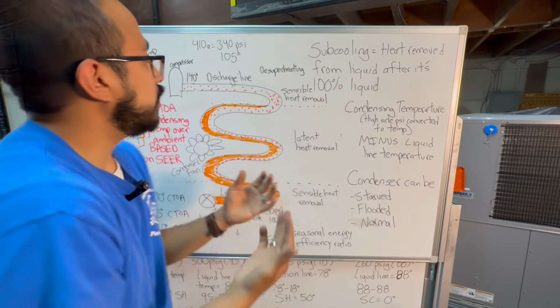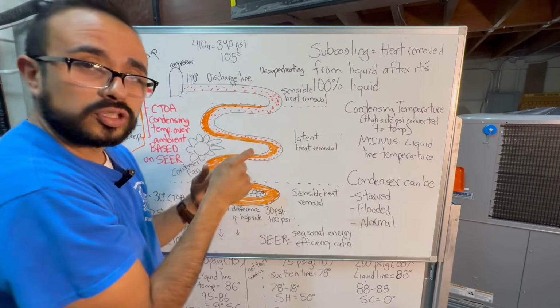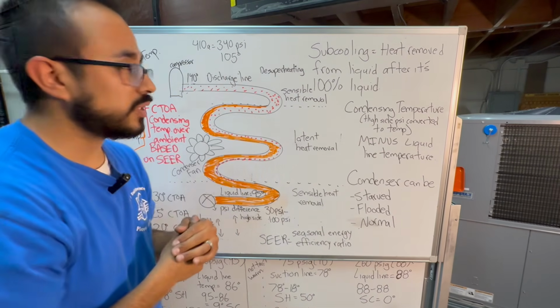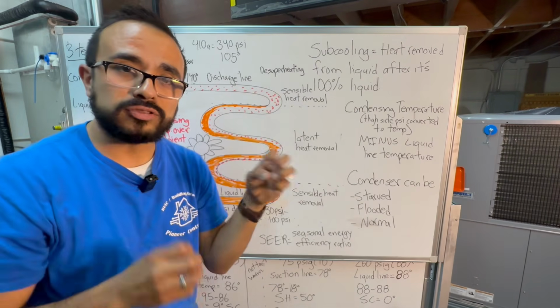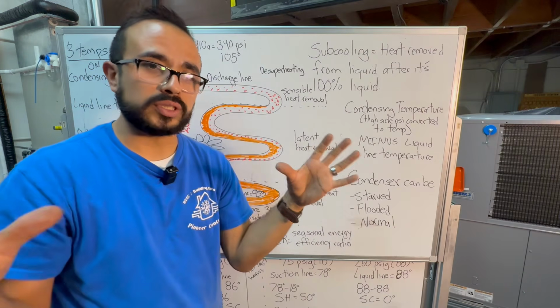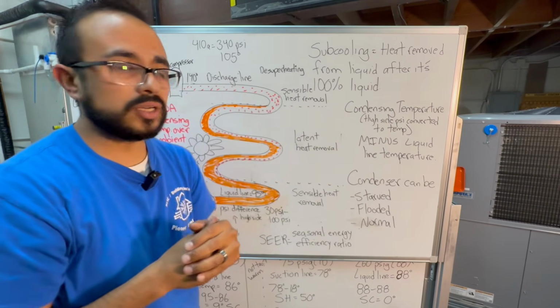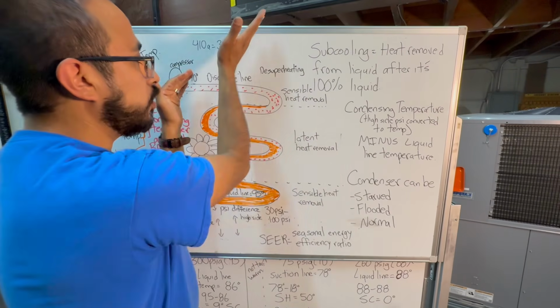Well, we know that once we connect our high side pressure, 340 psi for 410A, it's 105 degrees. So once it hits 105 degrees, boom, we get saturated refrigerant. It loses about 35 degrees of sensible heat, just sensible heat removal, still superheat.